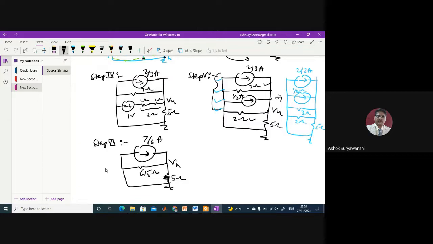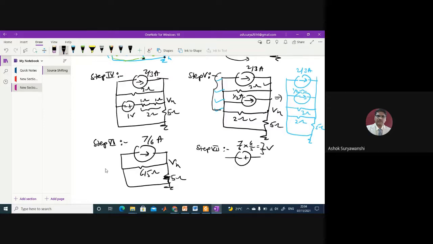Right? And now what we can do, in step number 7, is transform this current source into an equivalent voltage source. So this will be minus plus, V is equal to IR. I is 7 by 6 into R is 6 by 5. That comes to be 7 by 5 volt.